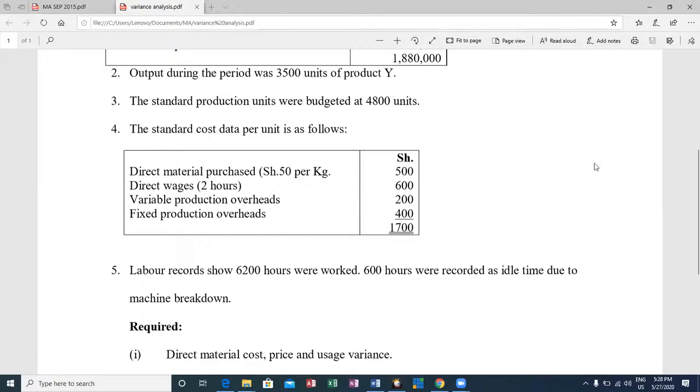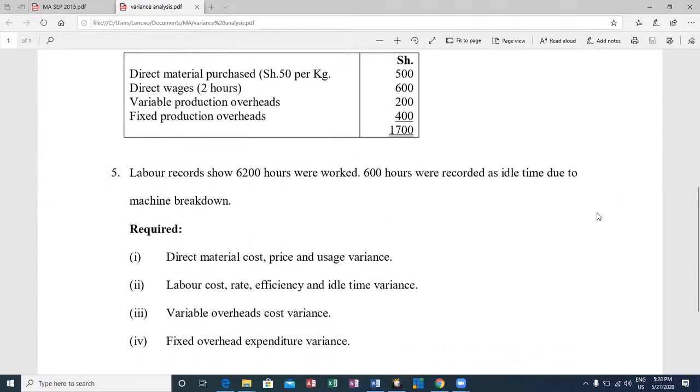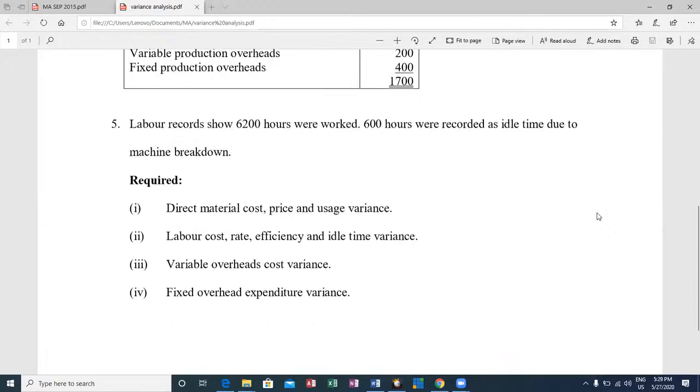Labor records show 6,200 hours were worked, and 600 hours were recorded as idle time due to machine breakdown. Required, they want us to give them the direct material cost, price, and the usage variance.